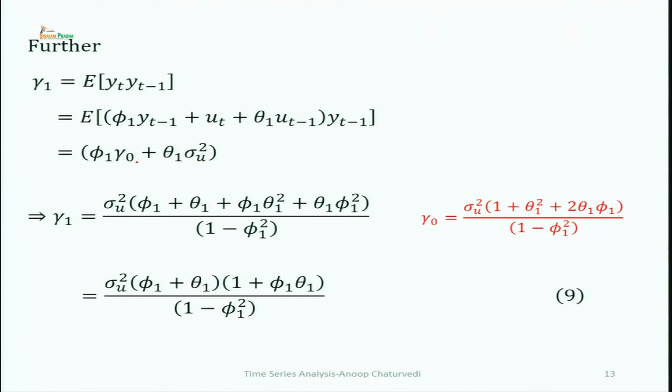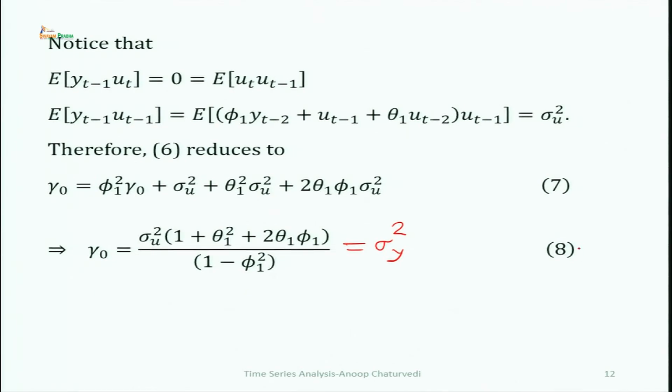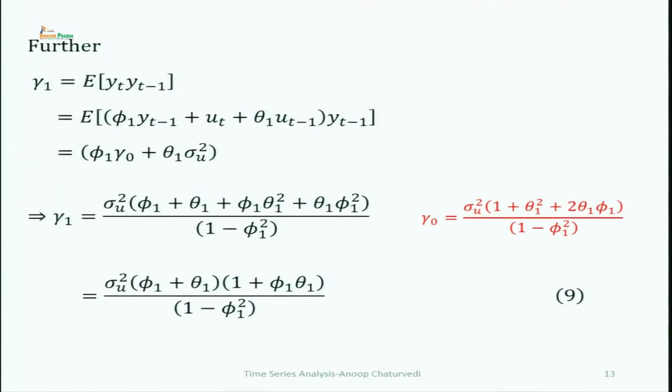Now, you simply substitute the value of gamma naught in this expression from this equation, equation 8. So, you substitute this value of gamma naught in this expression for gamma 1, and finally, you obtain sigma square u, phi 1 plus theta 1 plus phi 1 theta 1 square plus theta 1 phi 1 square, divided by 1 minus phi 1 square. So, this is the value of gamma 1, and you can further simplify it.